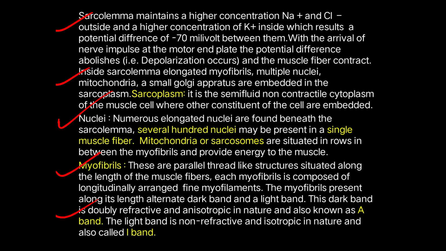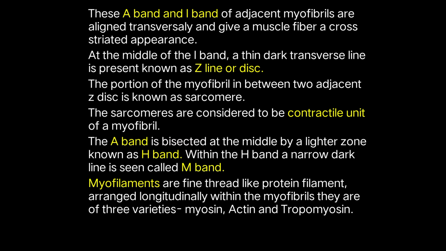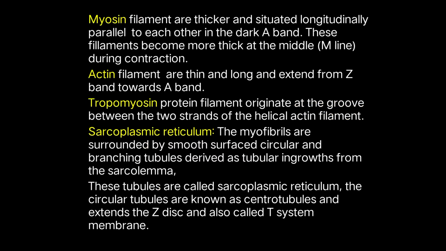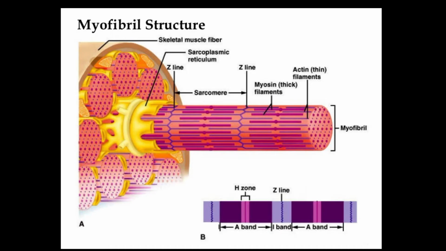Then the light band is non-refractive and isotropic in nature, and is called the I band. The A band and I band of adjacent myofibrils are aligned transversely and give a muscle fiber a cross-striated appearance, as we can see in this photograph here.